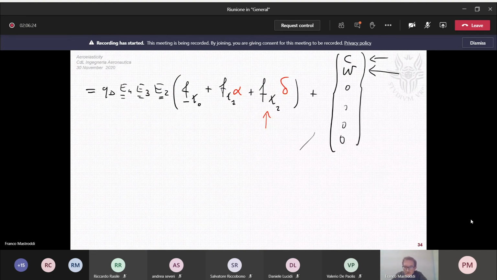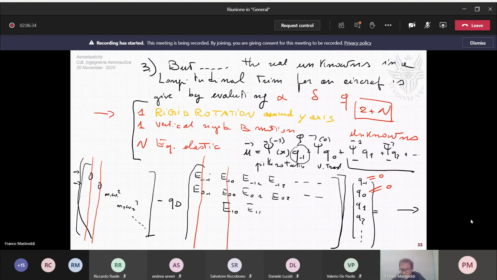So you have zero here for the gravity. And at the end of the story, you have two unknowns, alpha and delta, plus your Q unknown here. And that's it. Q n by n plus 2 unknowns in n plus 2 equations.